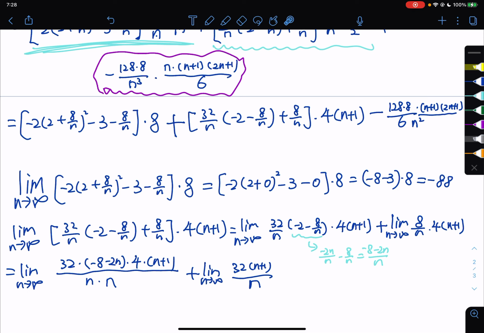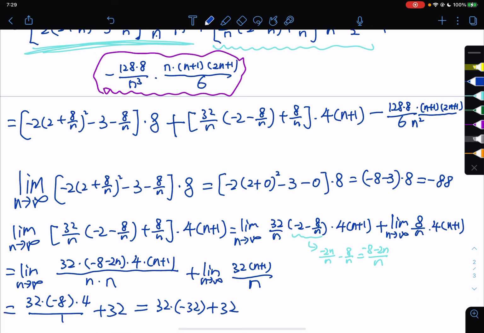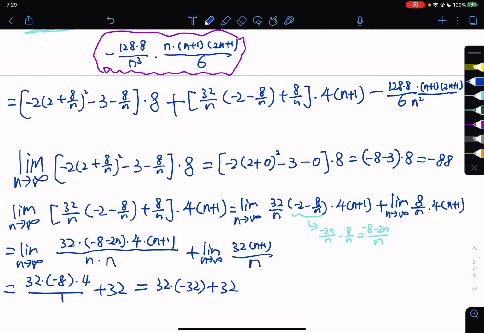So bottom line, the leading term is going to be 32, negative 2, and 4. The highest order is n squared on the top, n squared on the bottom. So it's the ratio of the leading coefficient. So you have 32 times negative 32 plus 32, which is the second part of it.